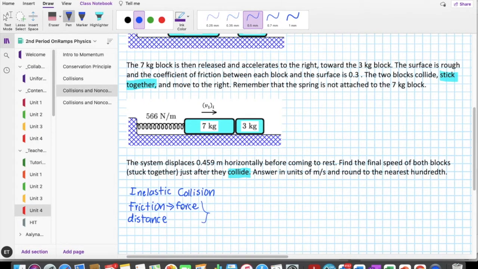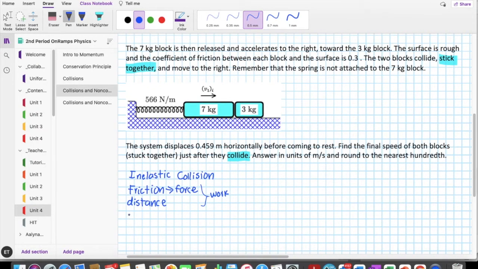We know that the force acting across a distance has to do with work. And we learned non-conservative forces with work and energy. So maybe you can use energy as well, right? Maybe we can use energy. So these are ideas.